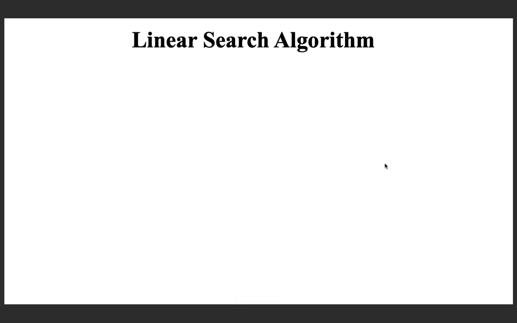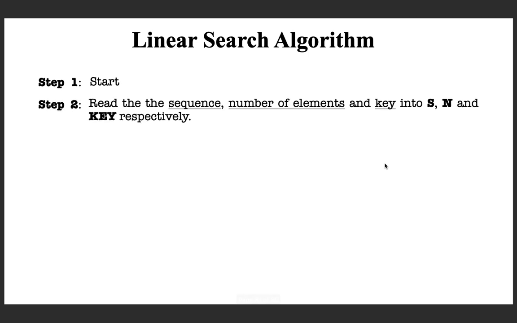Now we can try to write this as an algorithm. First step is start, then read the sequence, the number of elements and the key into S, N and key respectively. We know an algorithm for reading a sequence. That is what we discussed just before this problem. Use that algorithm to read it into a sequence and also the number of elements into N and the required key.